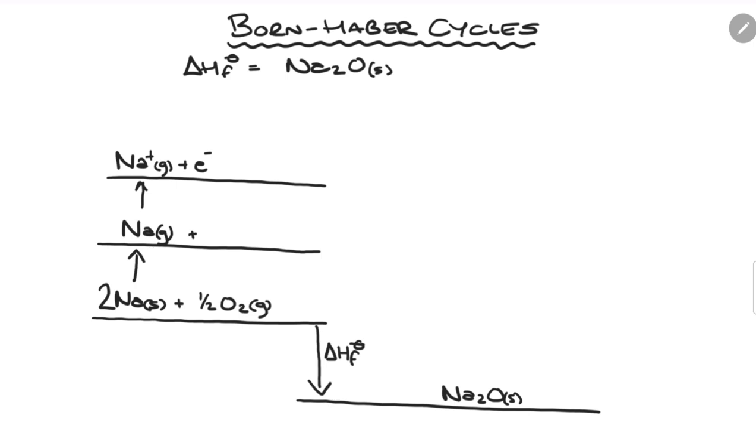If we complete the equation, you'll notice that the oxygen in this situation hasn't changed. We take each process as an individual state and we just look at one species along the way.